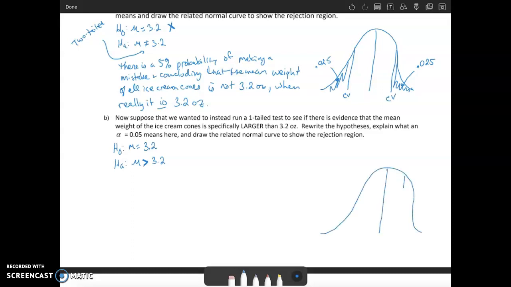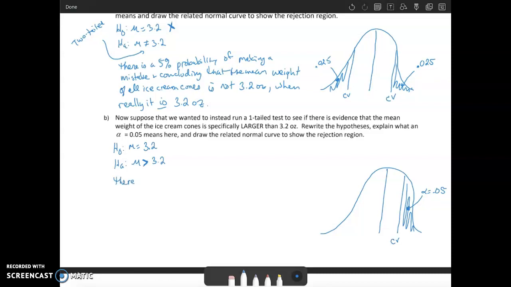Image-wise now, I will only have one critical value in the upper direction. I will have one rejection region whose area is equal to the entire alpha value of 0.05. What we've got now is fairly much the same explanation as above.